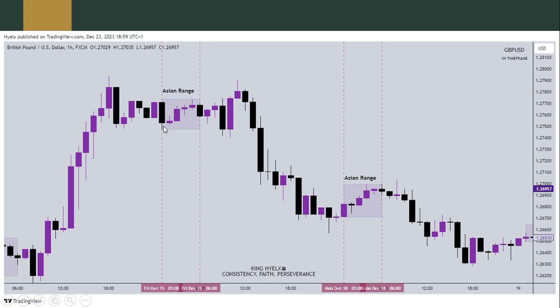So this is the Asian range, and as you can see, price is characterized by being in a particular range that it didn't really go out of. Same over here, you can see the Asian range between 1 to 6 a.m. over here, right? So typically we'd expect that there are going to be pools of liquidity above here and below here, right?